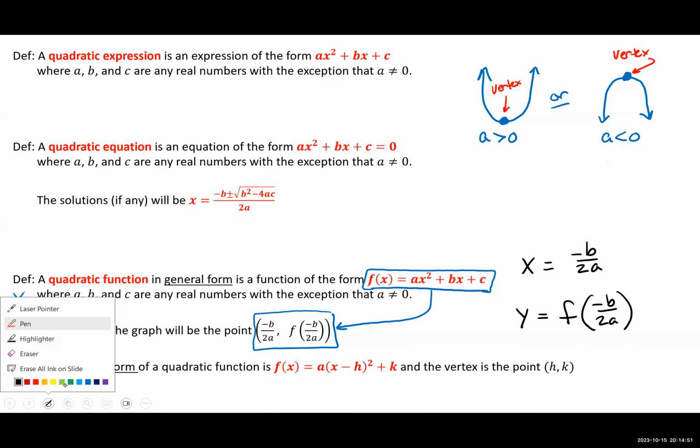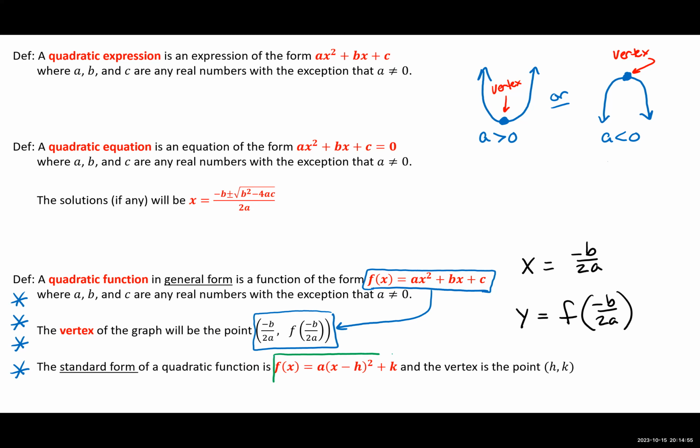Now, if you are working with a function in standard form, notice it's the same a. The a in that blue box and the a in that green box are the same number. The b and the c are only in the blue one.